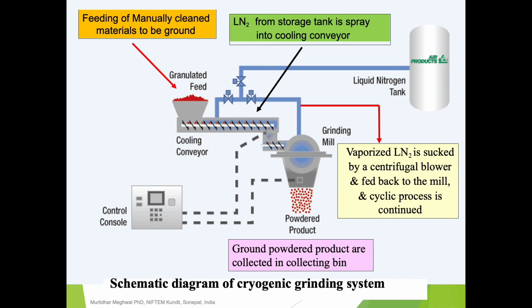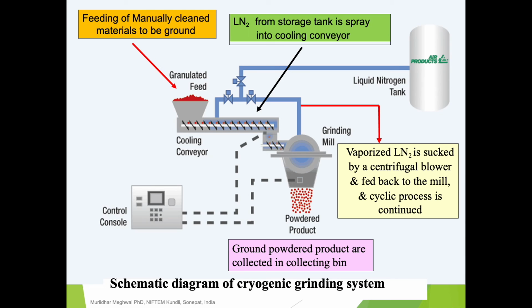So we have feeding of manually cleaned material to be ground. So we have ground granulated feed material. That is taken through the cooling conveyor to the grinding mill, and also we have this liquid nitrogen tank. From there we use liquid from the storage tank, sprayed in the cooling conveyor section, and along with that the material to be ground is taken to the grinding mill.